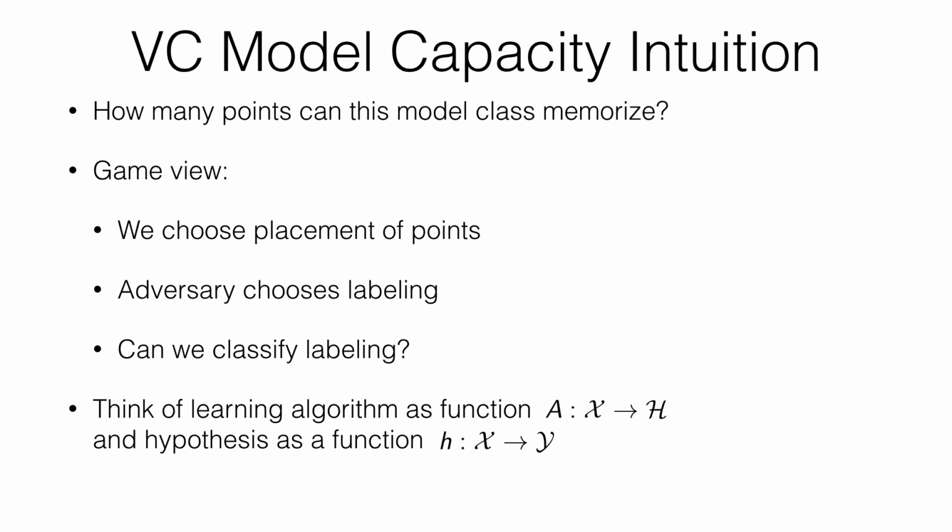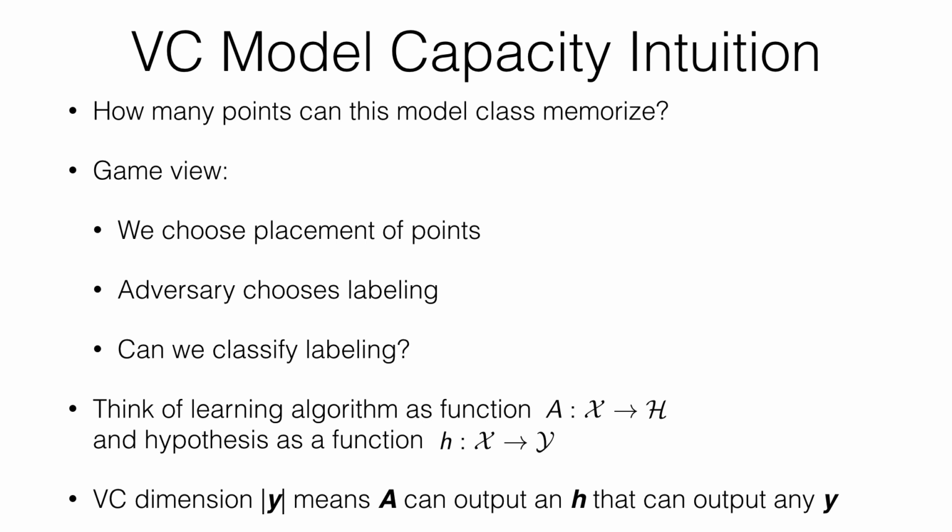You can think of the situation where your VC dimension is equal to the number of data points as meaning that your learning algorithm can output an H that can output any Y. Hopefully these three different views help you hone in on a way to think about VC dimension.